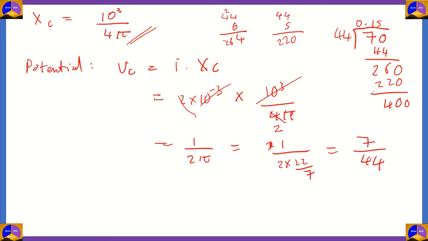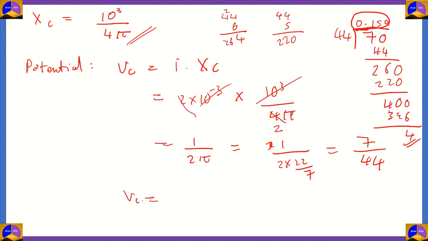So 44 times 9 is 396. 44 times 10 is 440. So we'll put a 9, 396, 4, and that's it. So let's take this much value of the quotient as our answer.